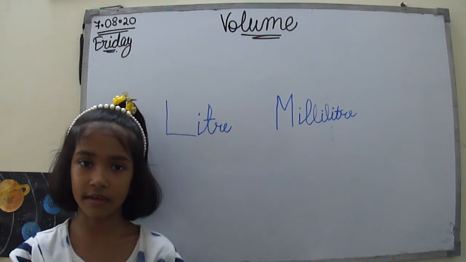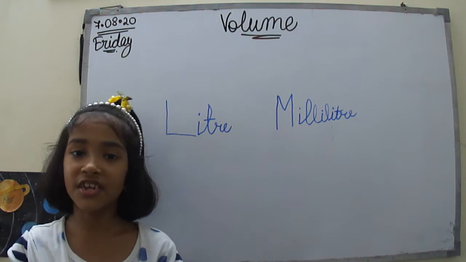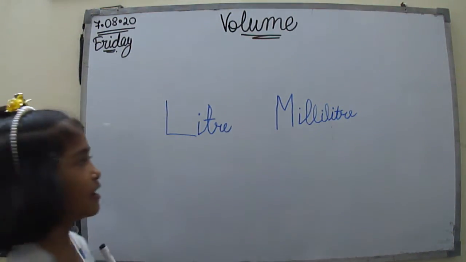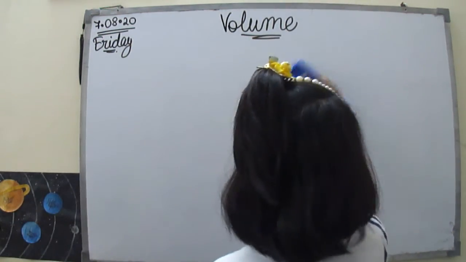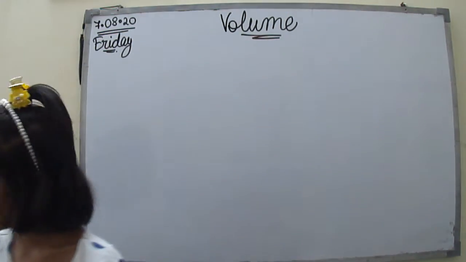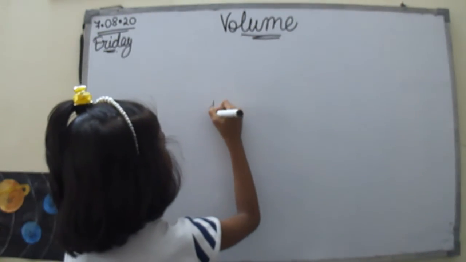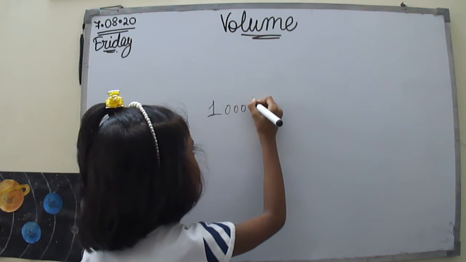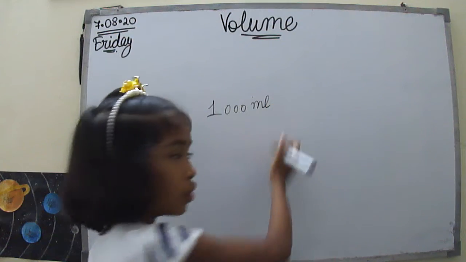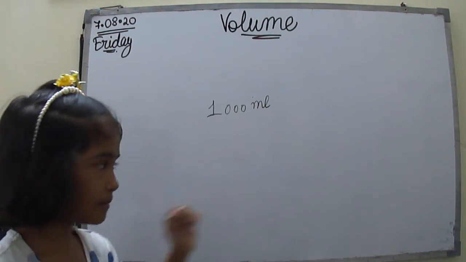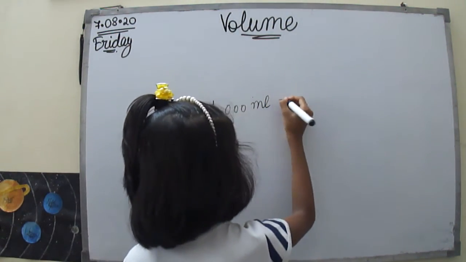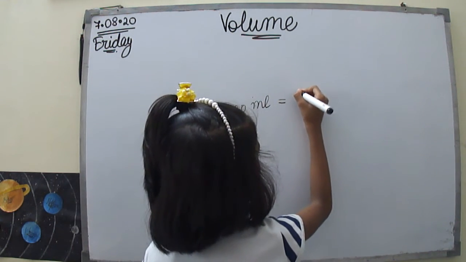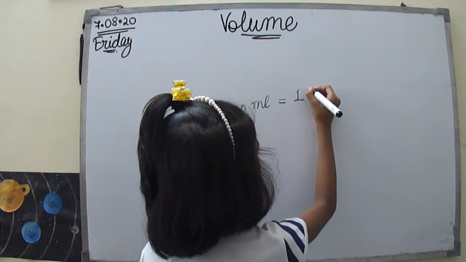The special thing is that, let me write it. 1000 milliliter, and the short form of milliliter is ml, equal to 1 liter.